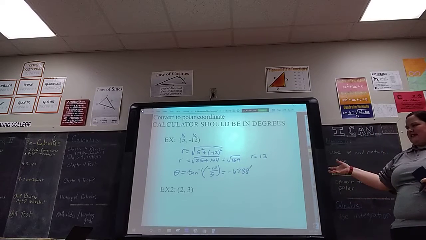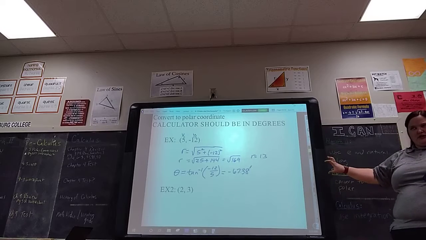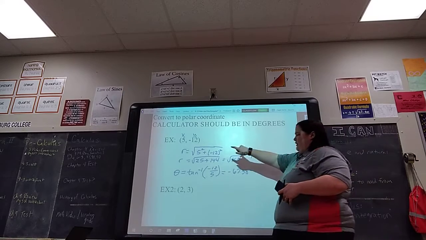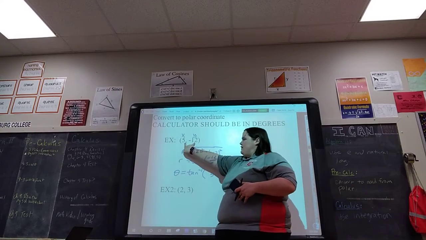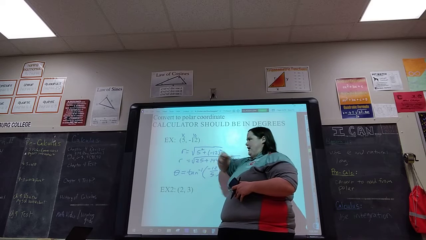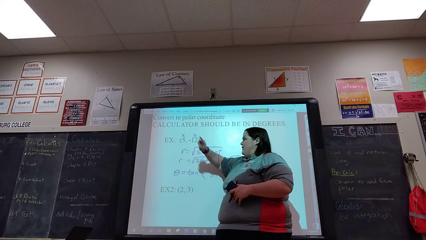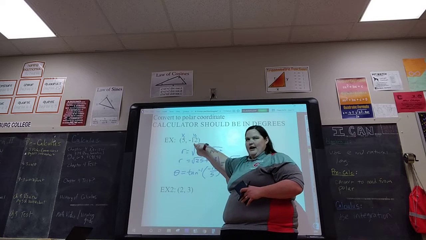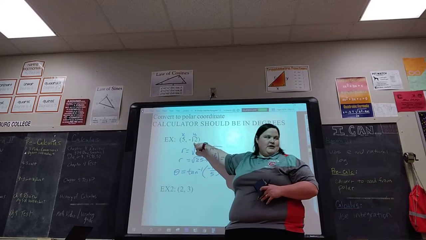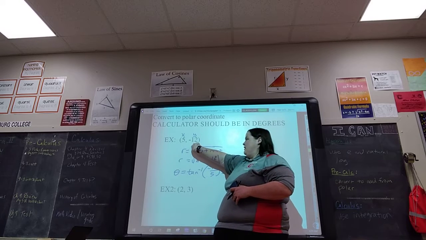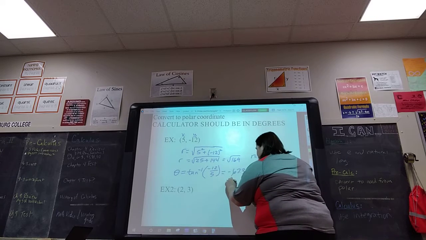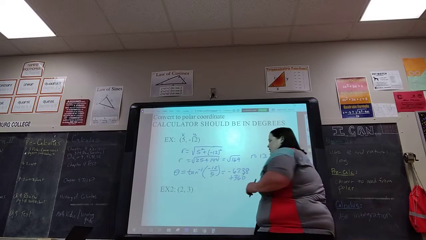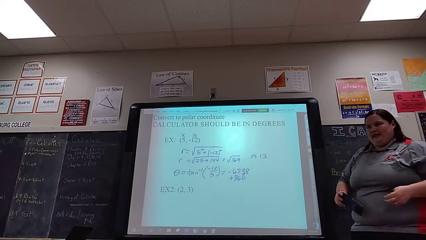And like I said, it doesn't necessarily matter that we got a negative answer. What matters is that one of the original two numbers is negative. So now you have to look and see which one it is. So which number is negative? The y, just the y. So if just y is negative, what does it say on that sheet before? Add 360. So if just y is negative, you add 360 to that angle that tangent gave.